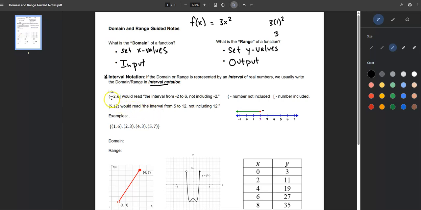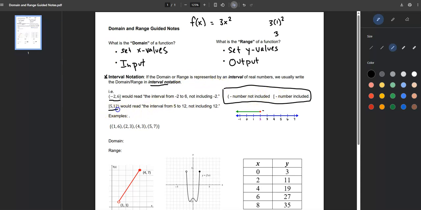So for example, if I have parentheses -2, comma 6 with this bracket, this is the interval from -2 to 6, not including -2. So the parentheses does not include, the bracket does include. So this actually is a really good guide right here. Parentheses is not included, bracket means included. Okay?